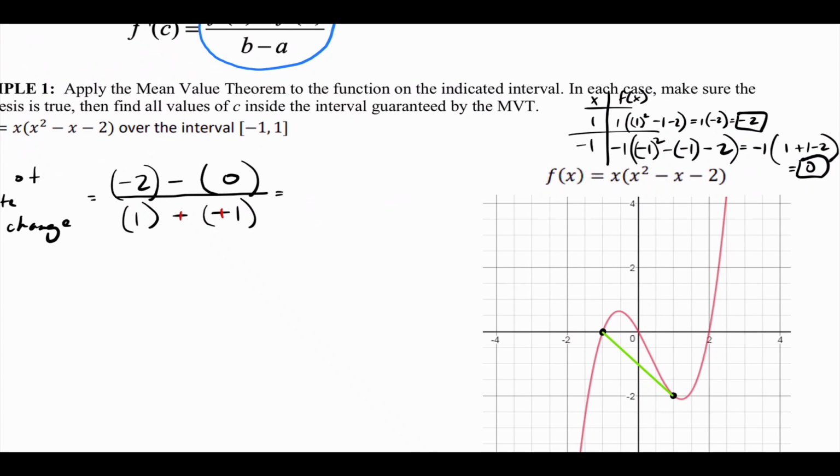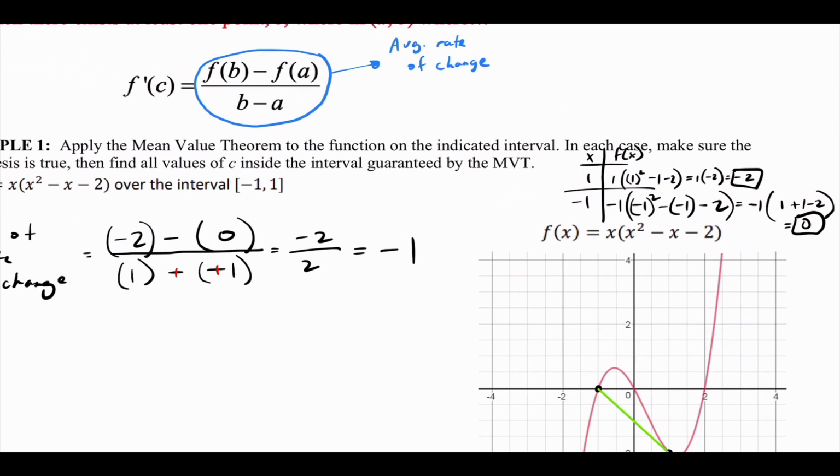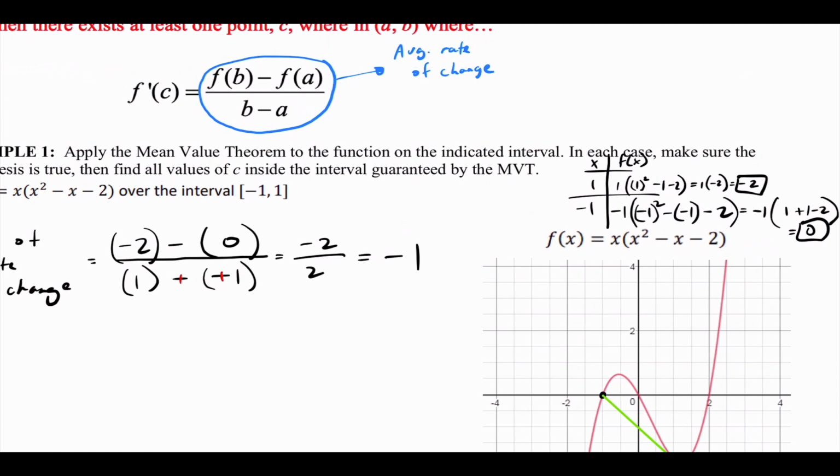So the 2 points I have are 1 comma -2 and -1 comma 0. So when I do slope, I get -2 over +2, which equals -1. That's the blue guy. So I have the blue guy.